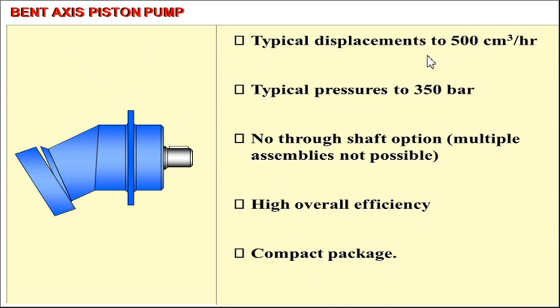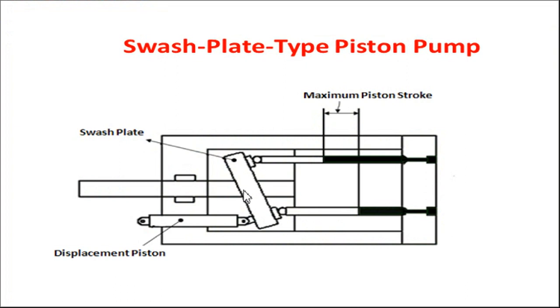Bent axis pumps have displacement around 500 cubic centimeters per hour, typical pressure around 350 bar, and a through shaft. Multiple assemblies are possible, with very high efficiency and a compact package.